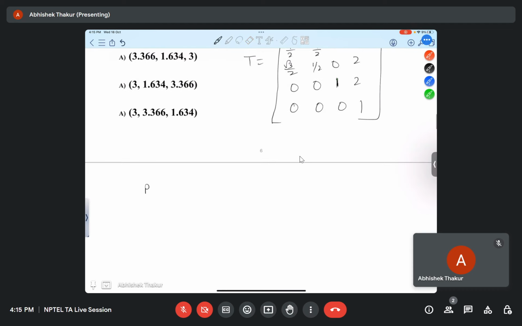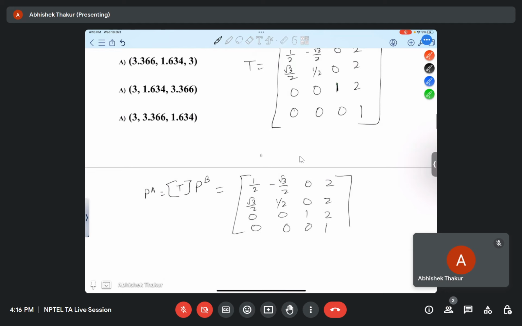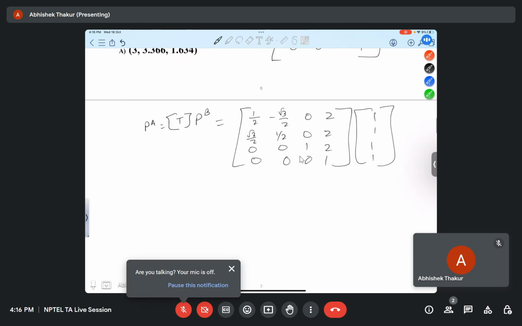Now PA, the point in the coordinate axis A, will be T into PB. That will be equal to the matrix with rows 1 by 2, minus root 3 by 2, 0, 2; root 3 by 2, 1 by 2, 0, 2; 0, 0, 1, 2; and 0, 0, 0, 1. And PB is 1, 1, 1, and to the last term we add 1.